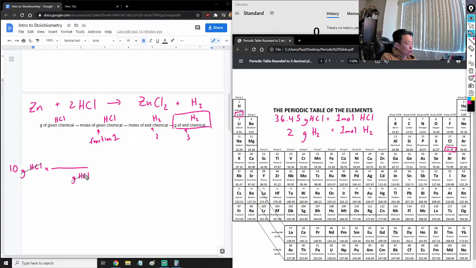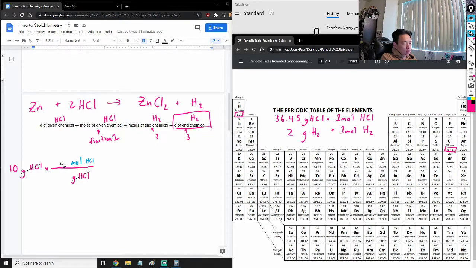Now, in order to cancel them out, we need to put something on the top of this fraction too. That's where the second step comes in. The second step is where we're going to put moles of HCl. So we're going to use grams and moles in the same fraction. We have grams of HCl on the bottom, moles of HCl on the top.